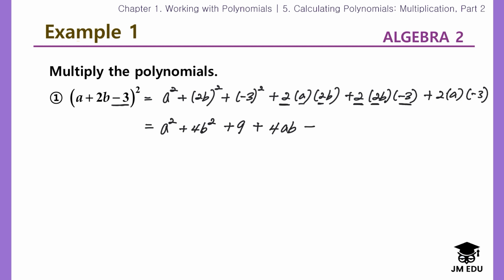That's minus 2 times 2, 4, 4 times 3, 12b, minus again, right? 2 times a times minus 3. So minus 6a.